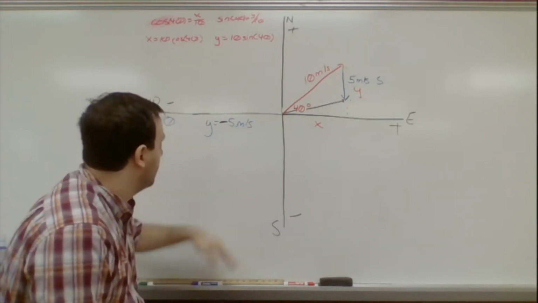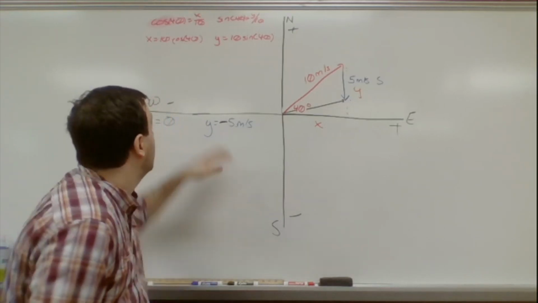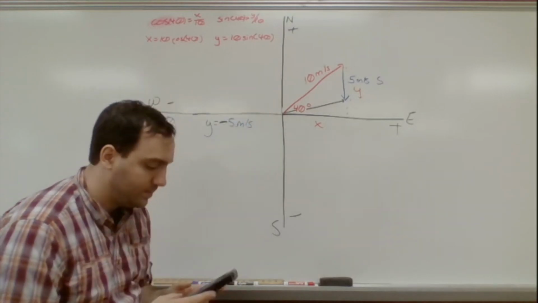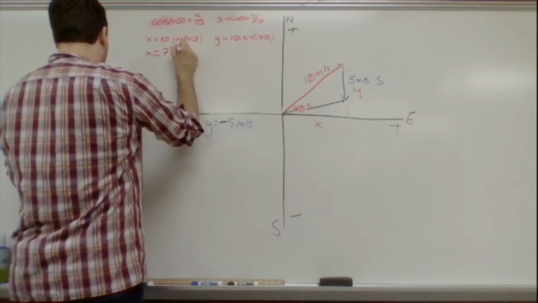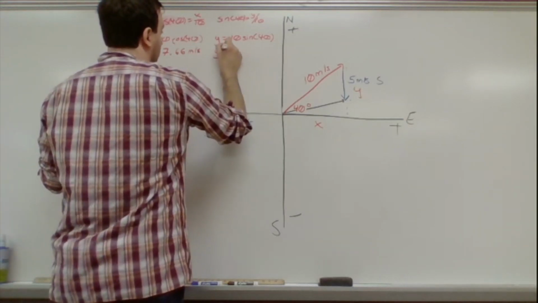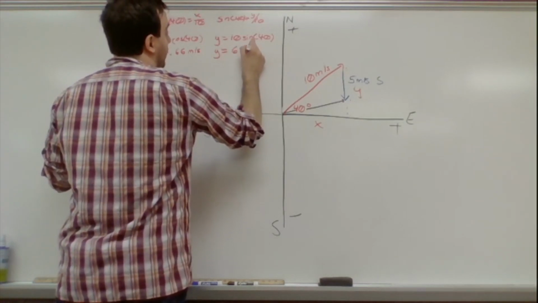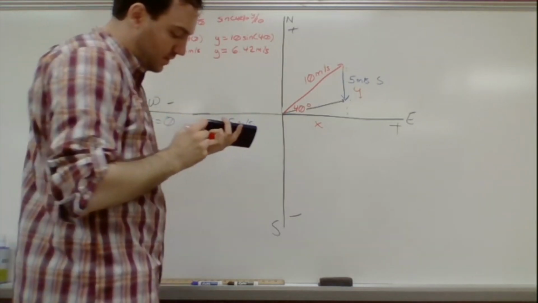So now go through to your sines, your cosines. 10 cosine 40, 10 sine 40, which are 7.66 meters per second and 6.42 meters per second, respectively.